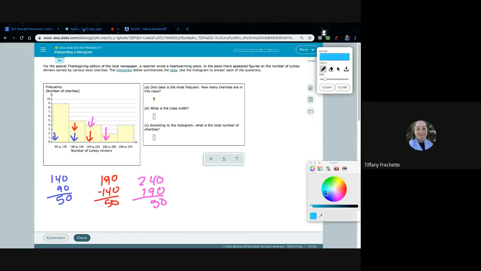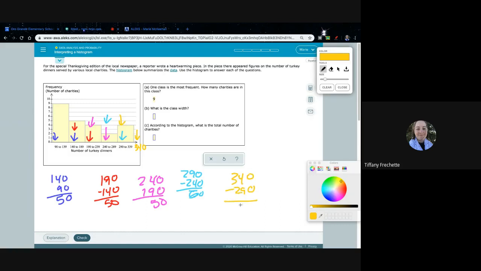All right, and then we'll go with kind of a bright blue here. So we have 290 minus 240. All right, I have another 50. So if I go one more, because that's what we have to do for the last one here, it'd be 340. So I have 340, and I'm going to subtract the 290 from it.